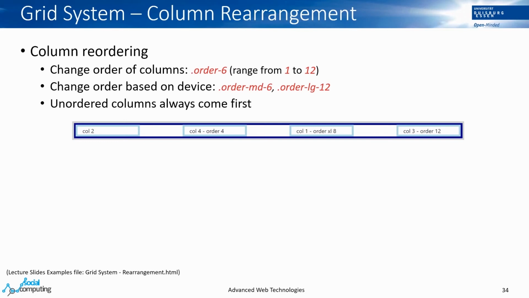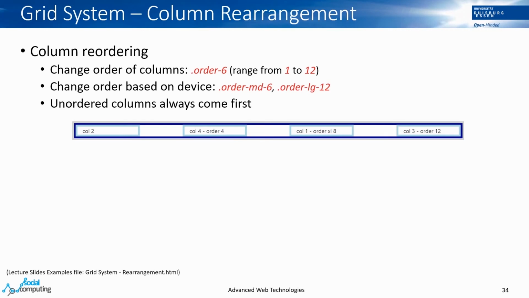For example, if you have a column with order 1, a column with order 6, and then another column without any order, when you display the items it will show first the column without any order, then order 1, and then order 6.